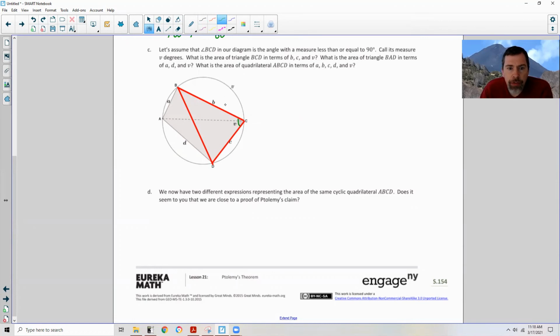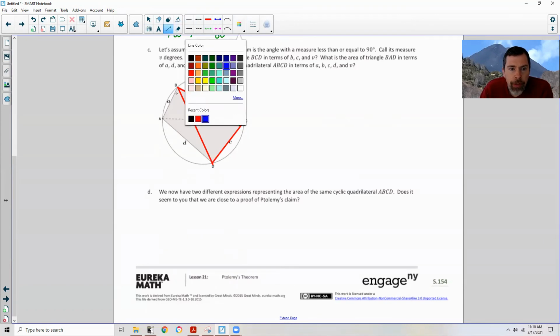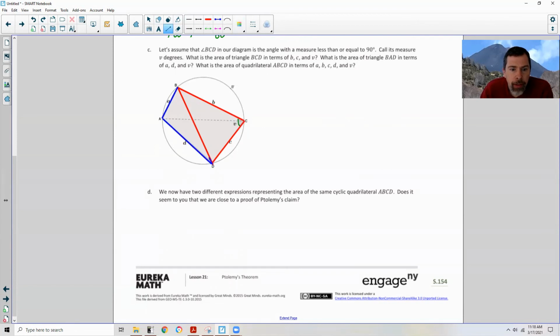And then what is the area of triangle BAD, the other one, which I'll label in blue, right here? We want to know in terms of A, side D, and V. What is the area of the quadrilateral?